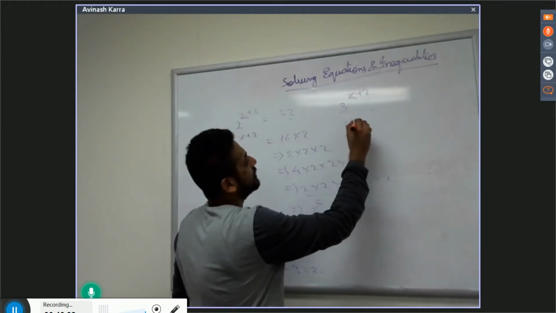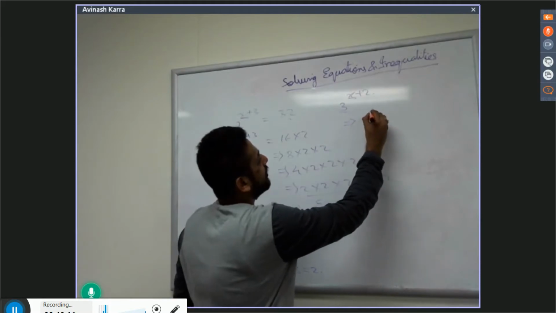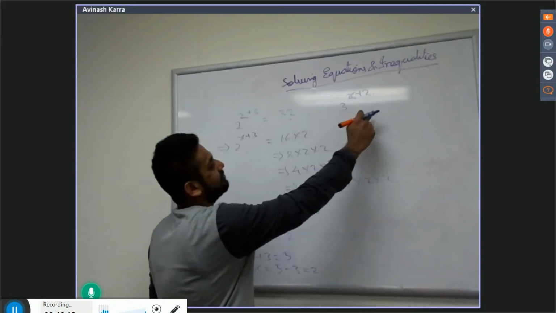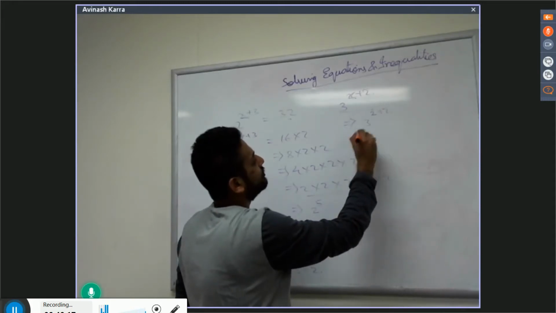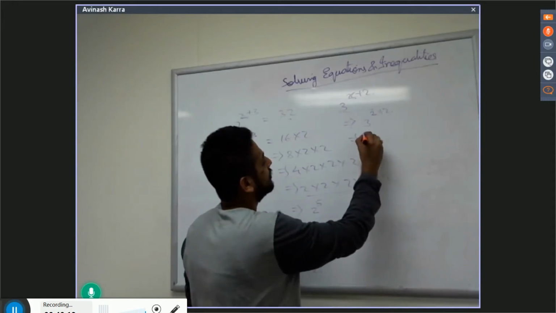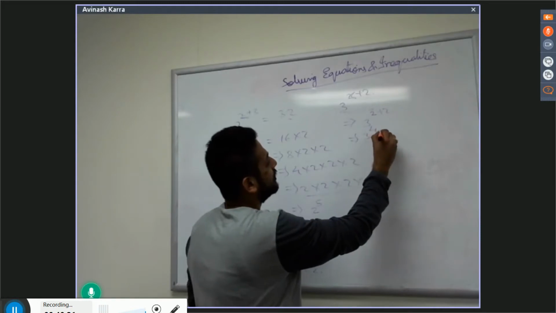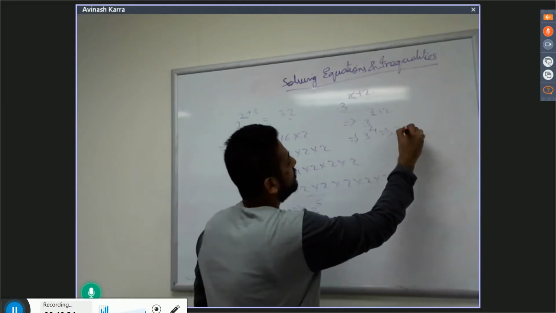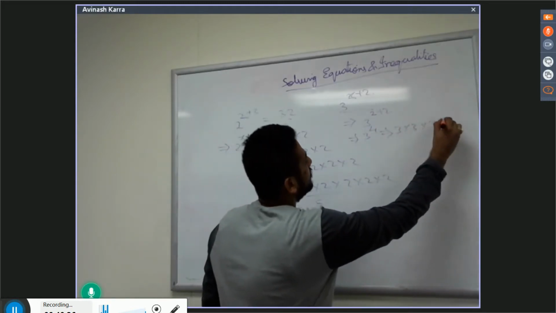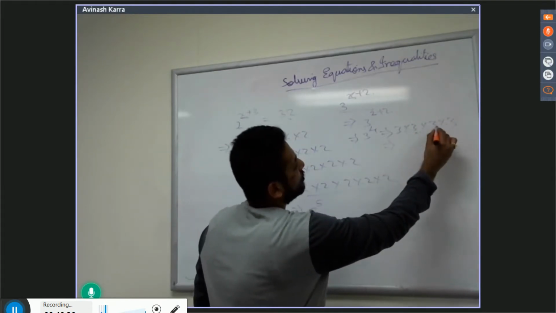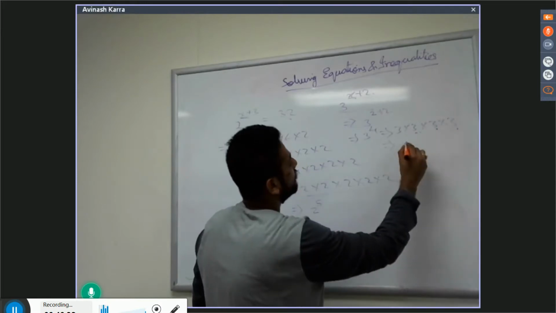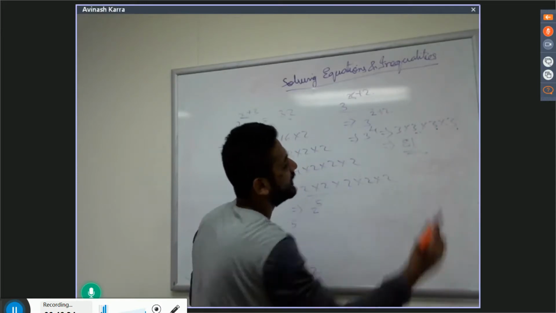It becomes 3 to the power of, in place of x, I'm substituting 2, 2 plus 2. So 3 to the power of 2 plus 2 is 4. I mean 3 to the power of 4. If I expand it, 3 into 3 into 3 into 3. 3 3s are 9. 9 3s are 27. 27 3s are 81. So 81 is the answer.